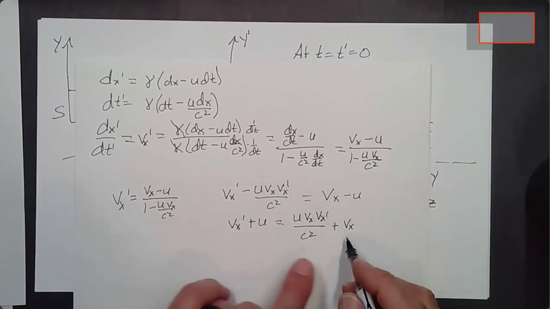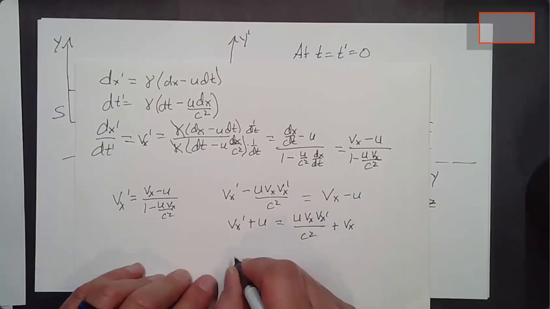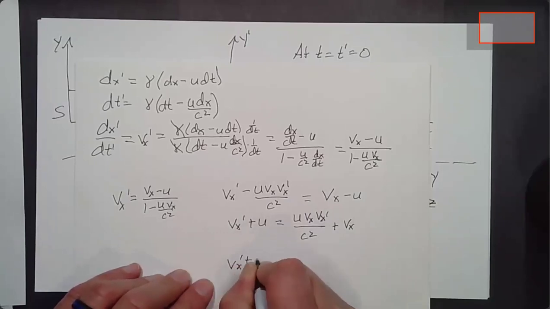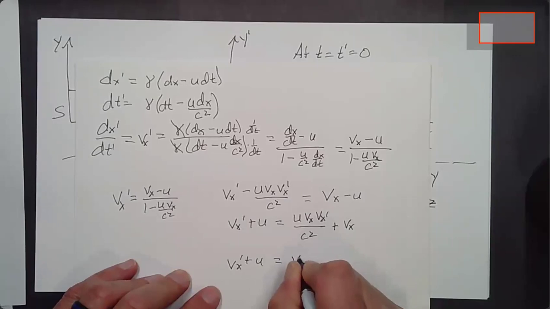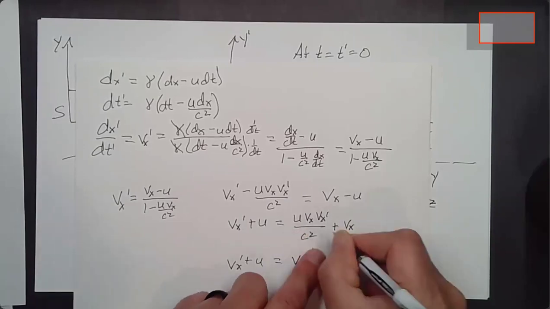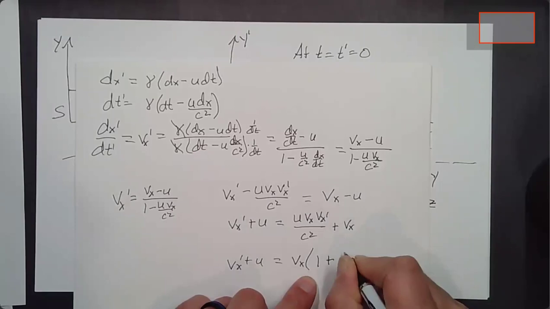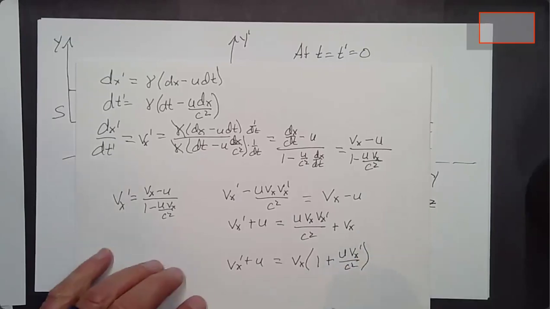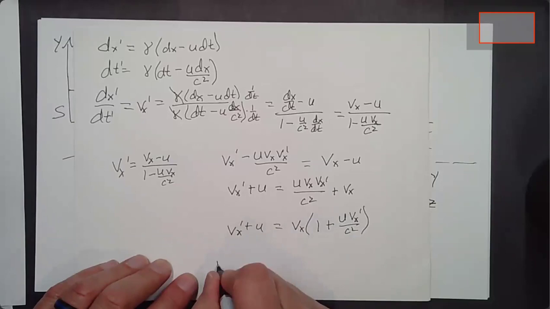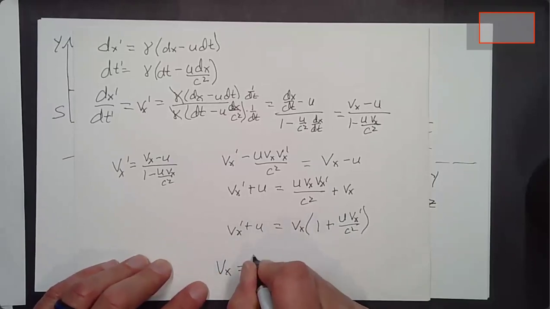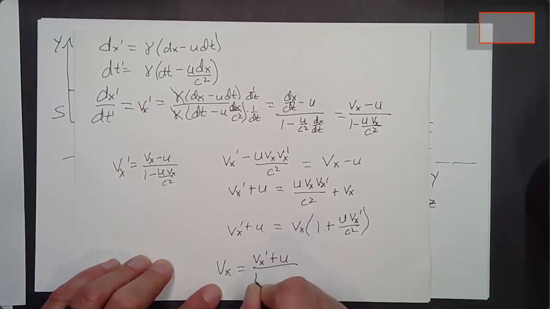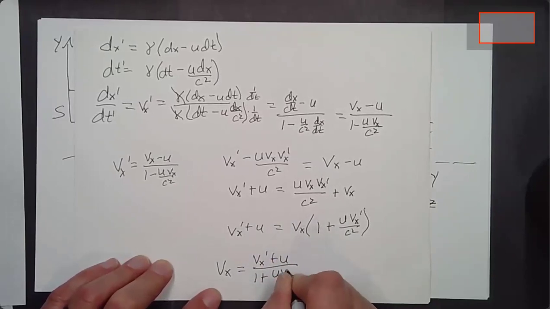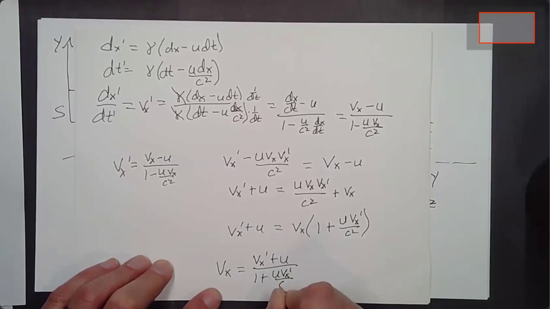Okay, so factor the v sub x out of there. On the right side, v sub x prime plus u is going to equal v sub x, and I'm going to reverse the order inside here: 1 plus u v sub x prime over c squared. And then I just solve for v sub x. V sub x will equal v sub x prime plus u divided by 1 plus u v sub x prime over c squared.